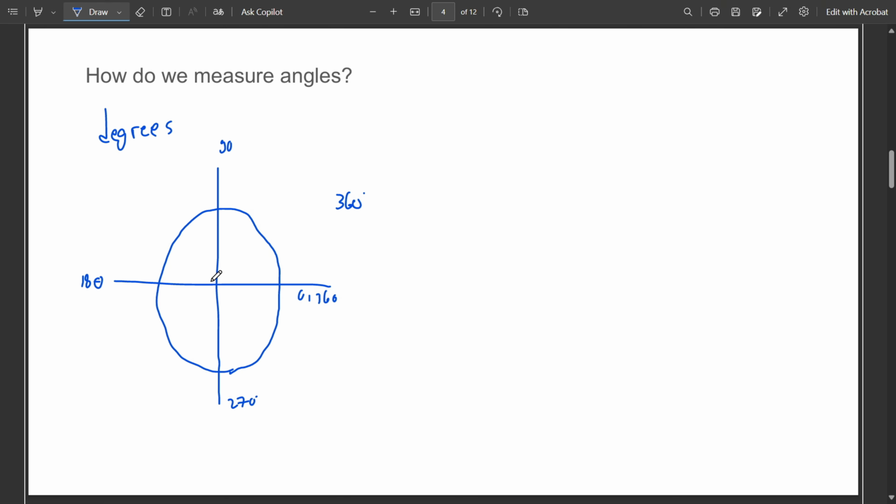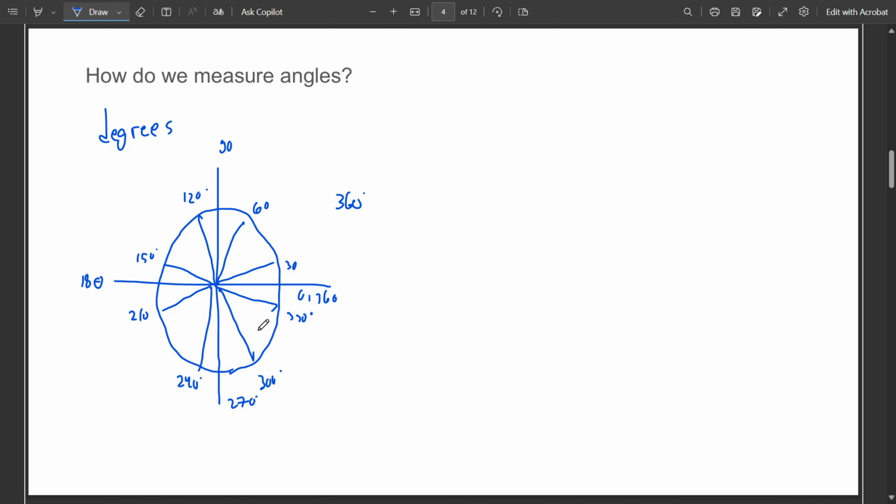And we want to split this into thirds. So we have 30 degrees, 60 degrees, 120 degrees, and here we have 150 degrees, and here 210 degrees. Here we have 240 degrees, and here we have 300 degrees, and then our last one, which is 330 degrees.